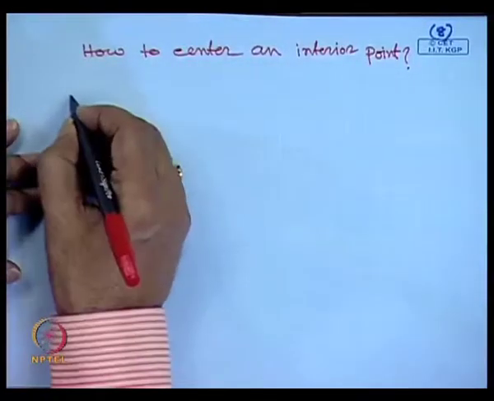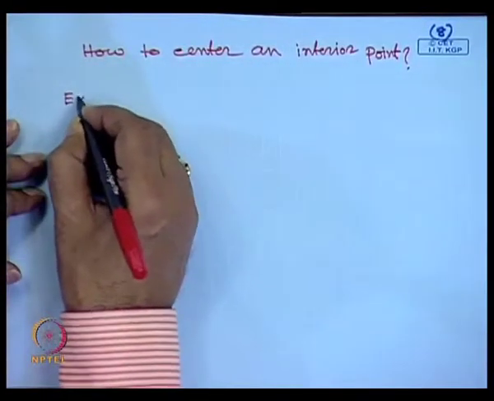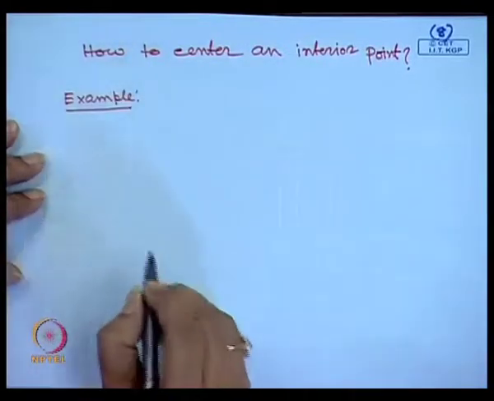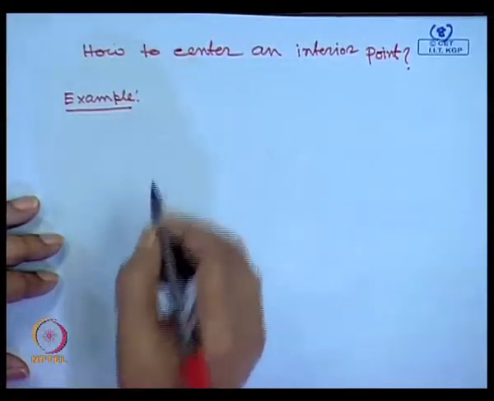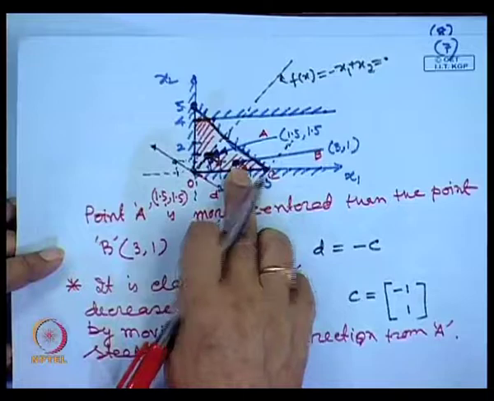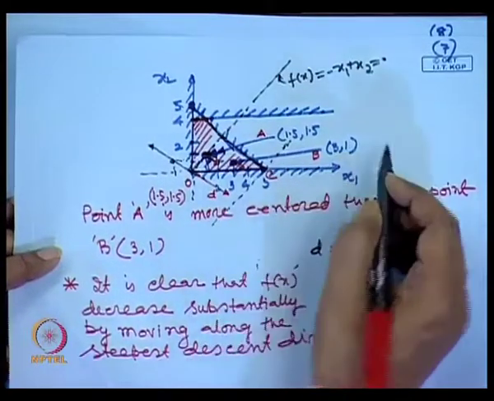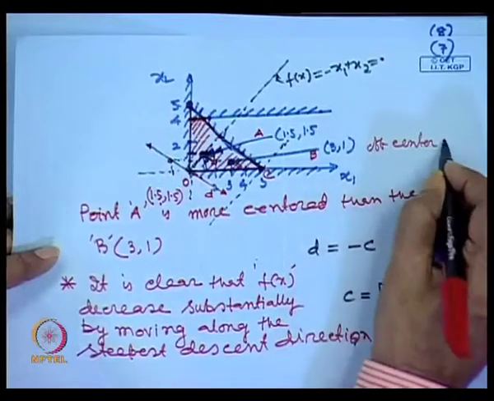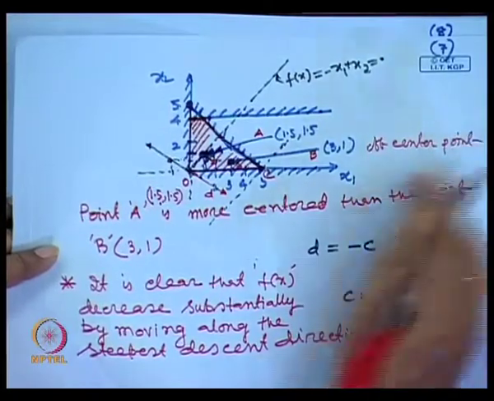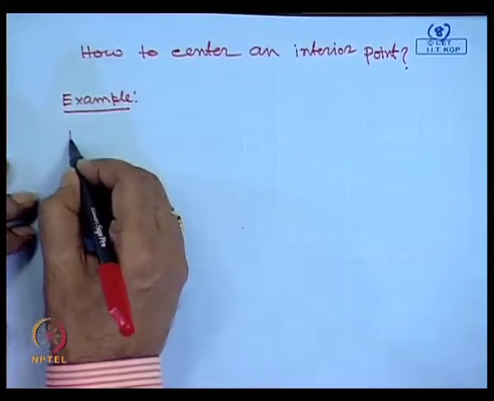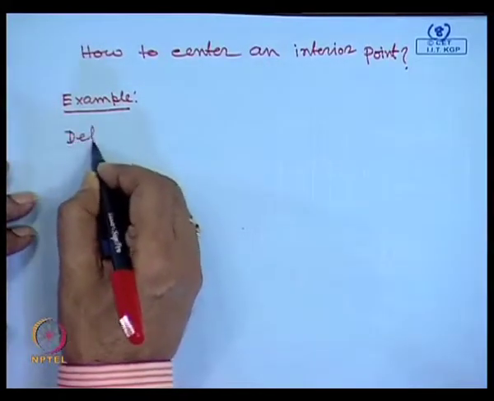So, let us take one example and explain the meaning of this. Let us consider our point B, which is an off centered point. Suppose we take it, and now we do a transformation this way.